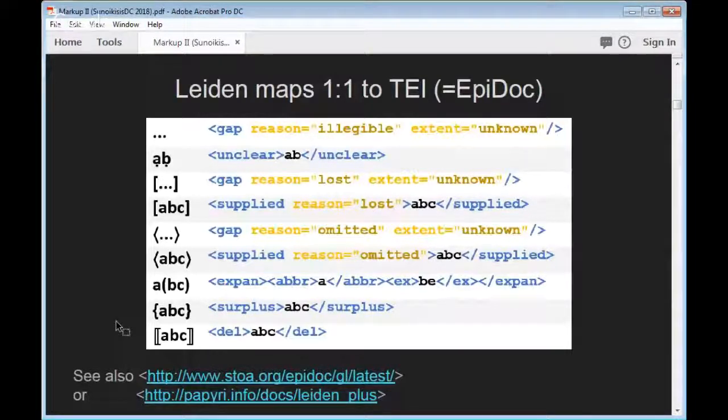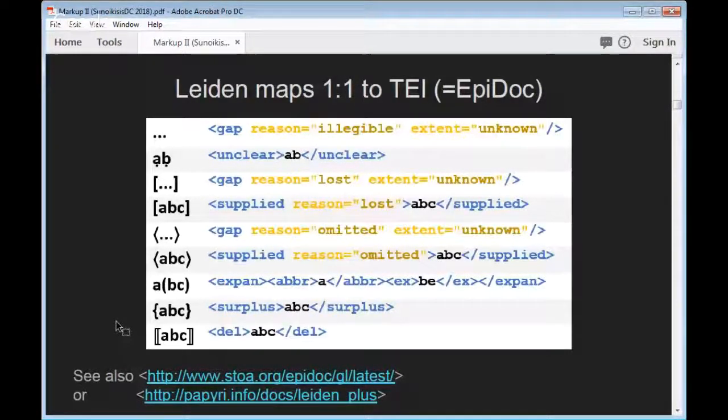They have now been lost. So I won't go through this list in any more detail because some of these examples Simona will tell you about. But just to show, you can see the match from the Leiden on the left to the XML on the right in there.